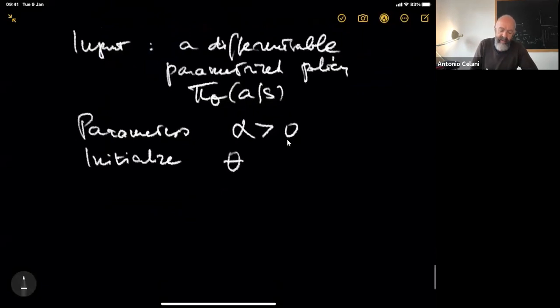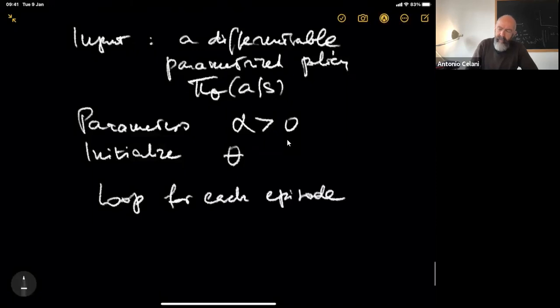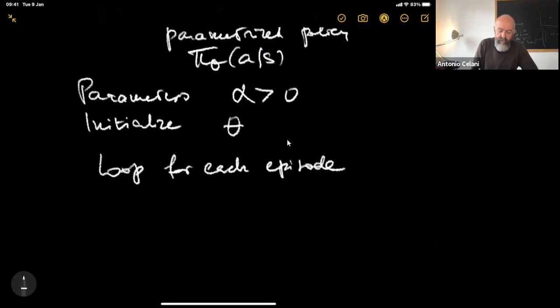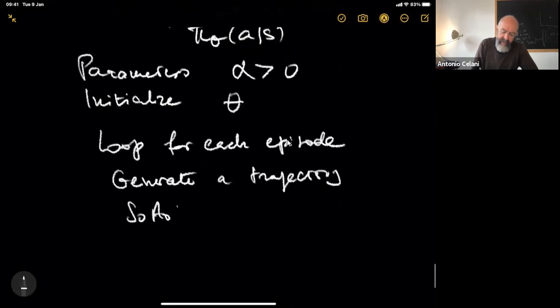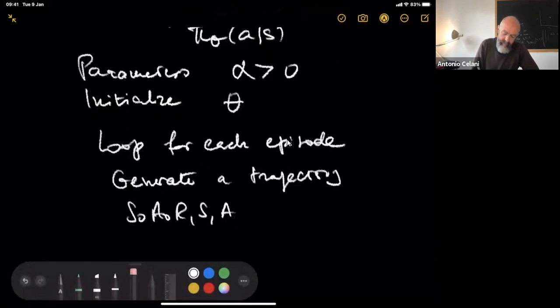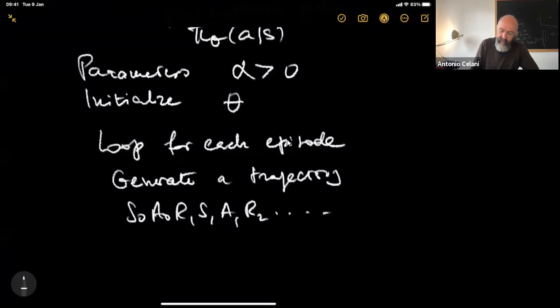And then you do a loop for each episode, in which you generate a trajectory, which is this string of states, actions, rewards, states, actions, new rewards, and so on and so forth, until a certain time capital T. And you do this using your policy pi theta.